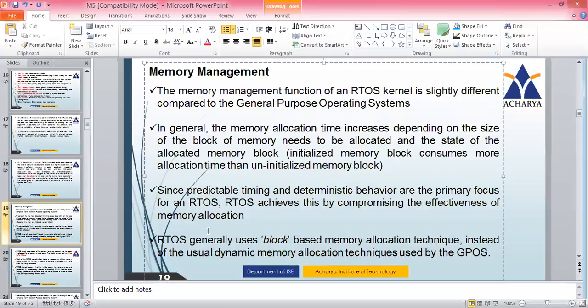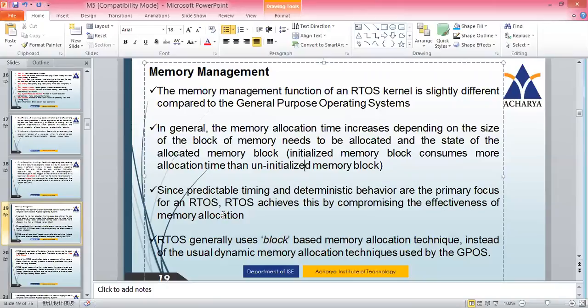Now, since predictable timing and deterministic behavior are the primary focus for an RTOS, we focus more on timing. An RTOS achieves this by compromising the effectiveness of memory allocation. So here we give more priority to the time rather than how well the memory is utilized.